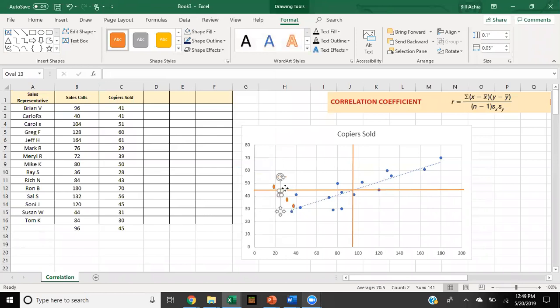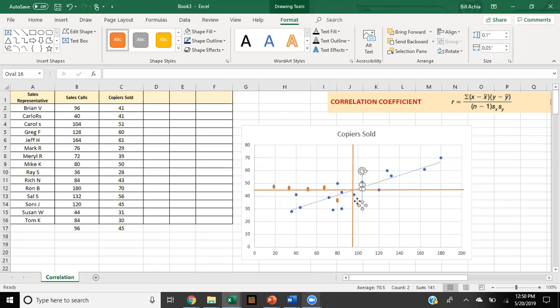Assume I had data points all over the place, but with no trend, no specific pattern to it, then we'd say that the number of sales calls doesn't really impact copiers sold.